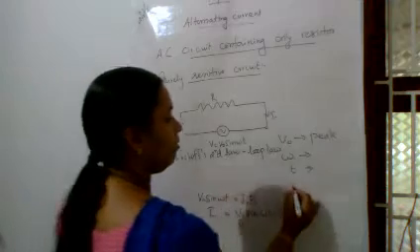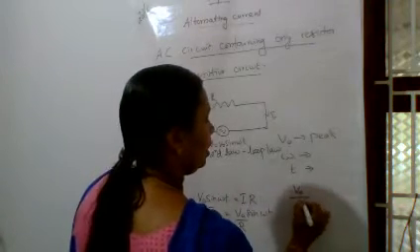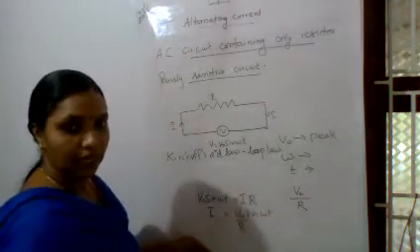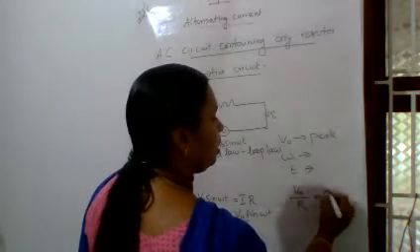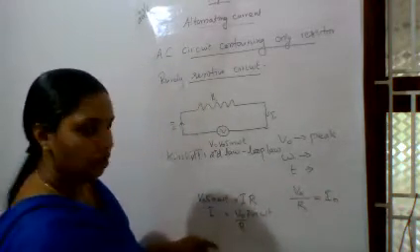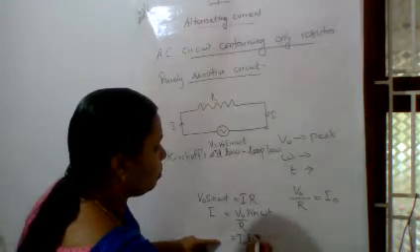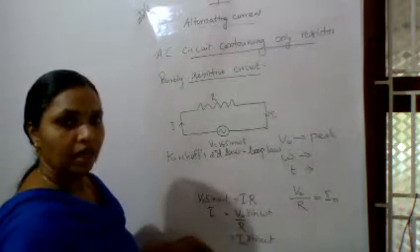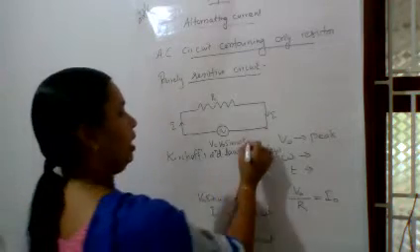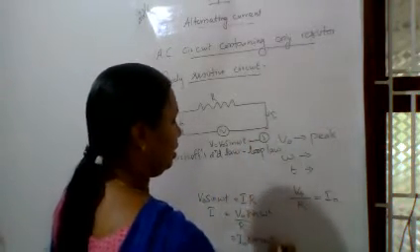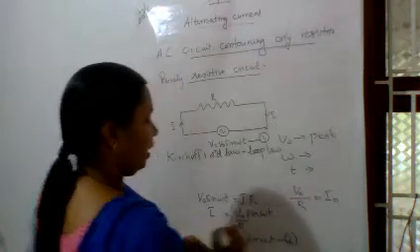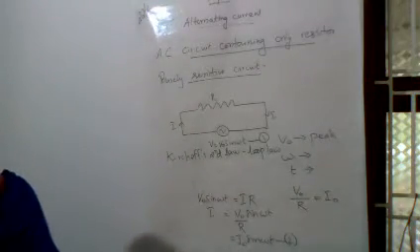We know that V0 is a constant and R is a constant. So V0 by R is equal to I0. Instead of V0 by R, I am writing I0 sin omega t. I am taking this as equation 1, the applied potential, and this as equation 2.